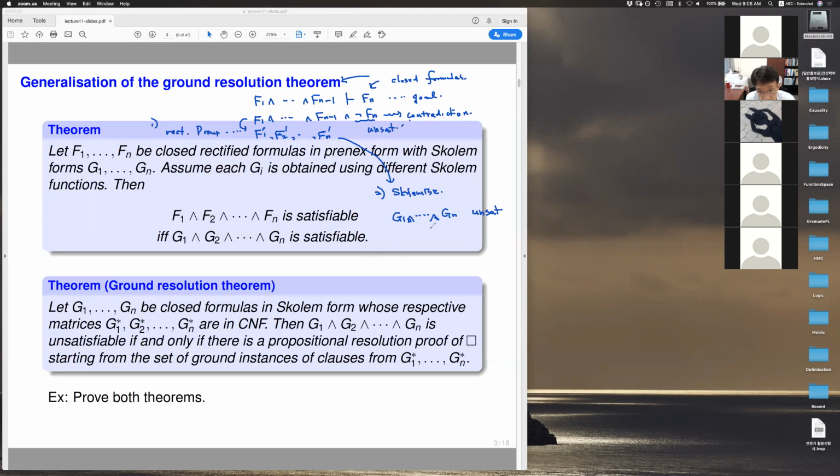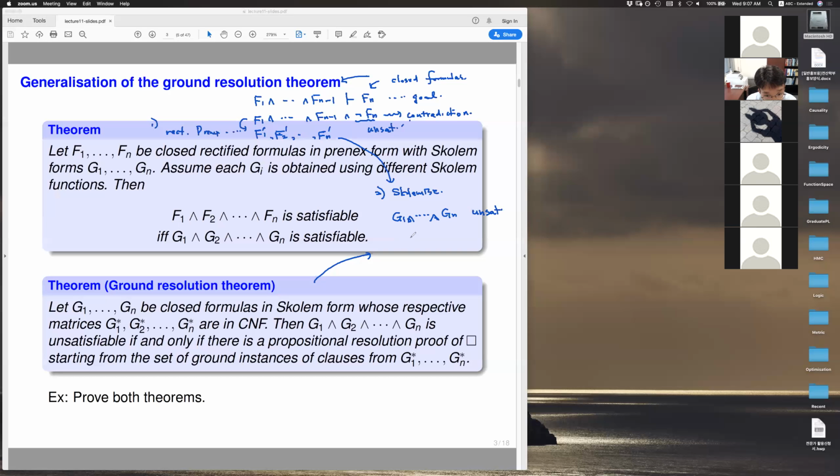Now, the question becomes how we can check the unsatisfiability of this conjunction of Skolemized formulas. The next theorem provides a methodology to do this. The methodology is that we change each of G1 up to Gn into conjunctive normal form, which preserves the meaning.